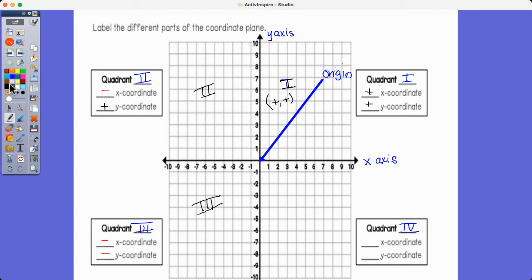And then 4 is positive, negative. And you have to have this memorized. This is super important. Okay, and oh, sorry, last one is quadrant 4. Oops, that shouldn't be in red. Okay, ready?